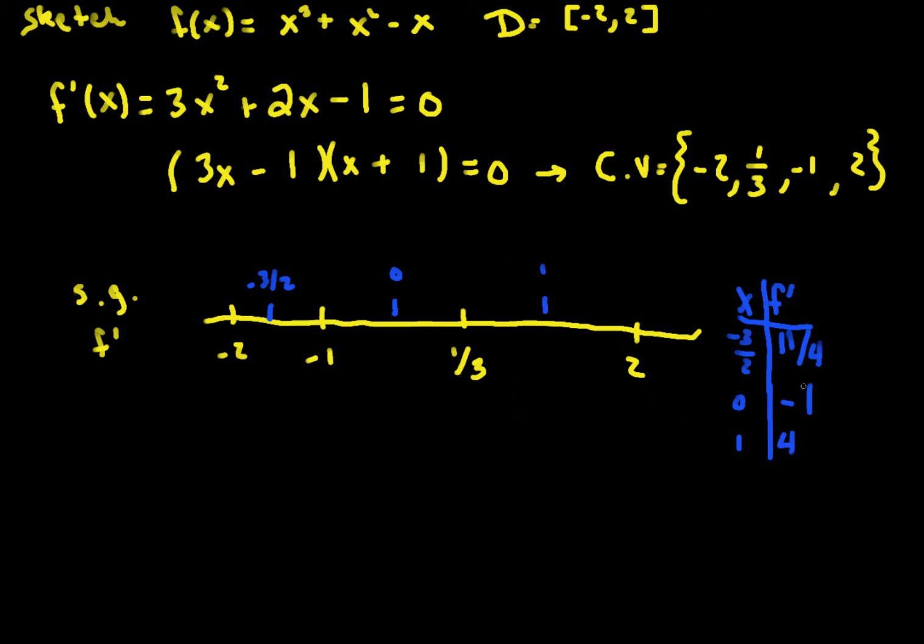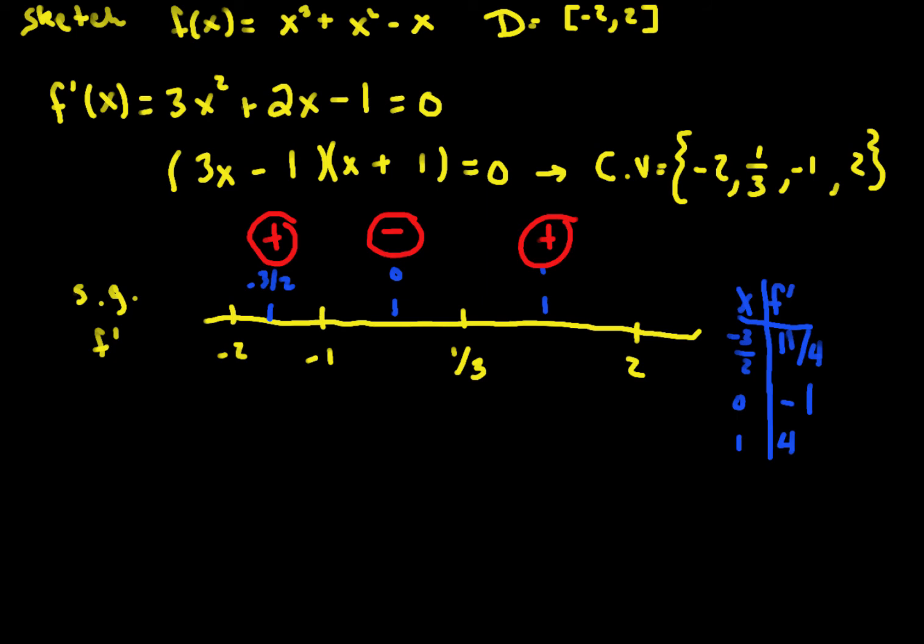And so these signs tell us what the sign of f prime is in each of those intervals. So in between -2 and -1, it's positive, and hence the function is increasing. Between -1 and 1/3, the derivative is negative, hence the function is decreasing. And between 1/3 and 2, the derivative is positive, so it's increasing again.